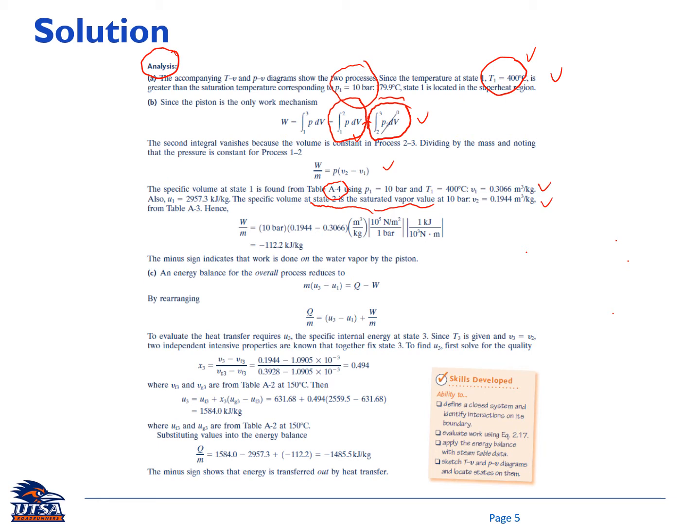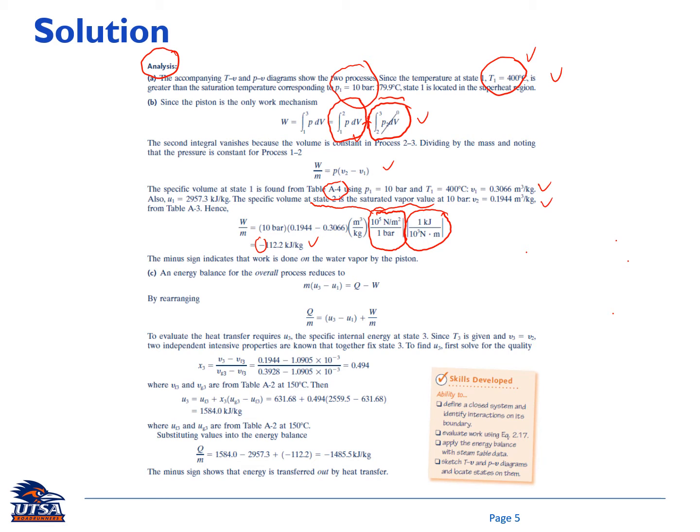You can see here 10 to the power of 5 is the conversion from bar to Pascal, and then you will have the work in joule per kilogram, and you divide it by 10 to the power of 3 to convert from joule per kilogram into kilojoule per kilogram. We have a minus here, which means the system is receiving work from the surroundings.